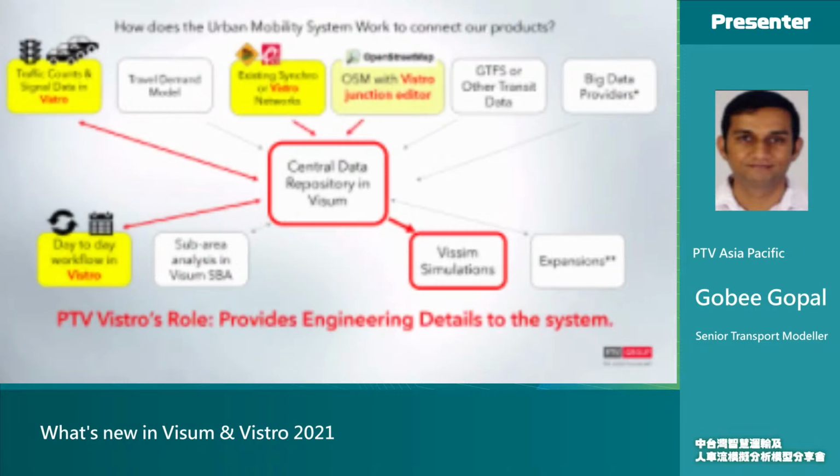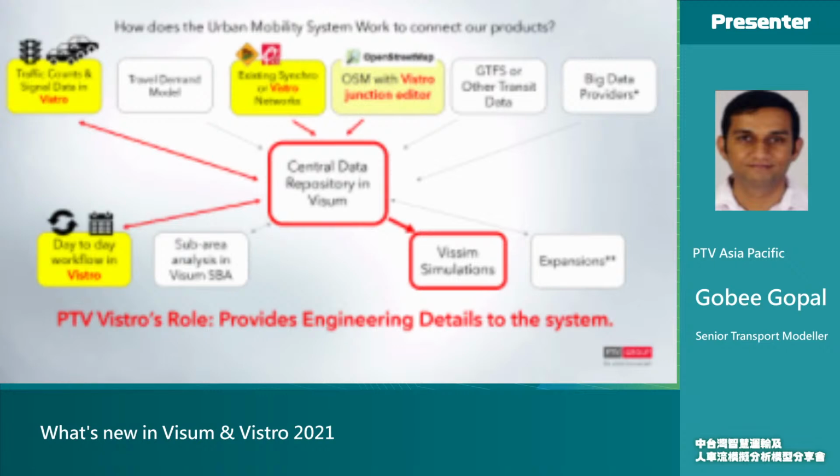So with Bistro, how it complements the PTV urban mobility system is that the traffic count and signal data in Bistro can either be kept in Visum, or exported from Visum to Bistro. Existing Synchro or Bistro networks can be exported to Visum.